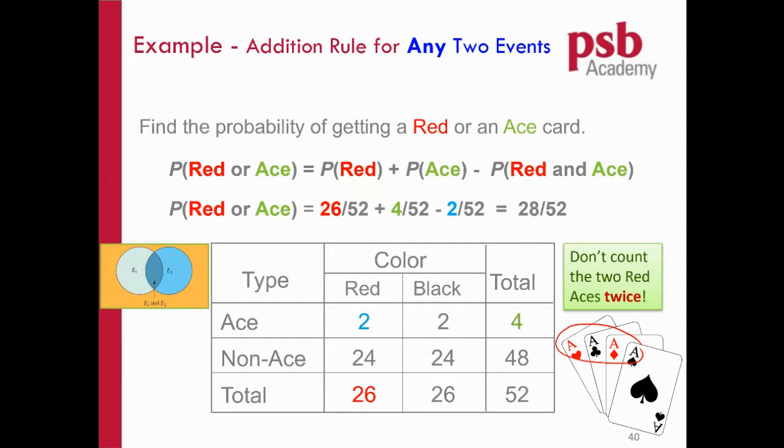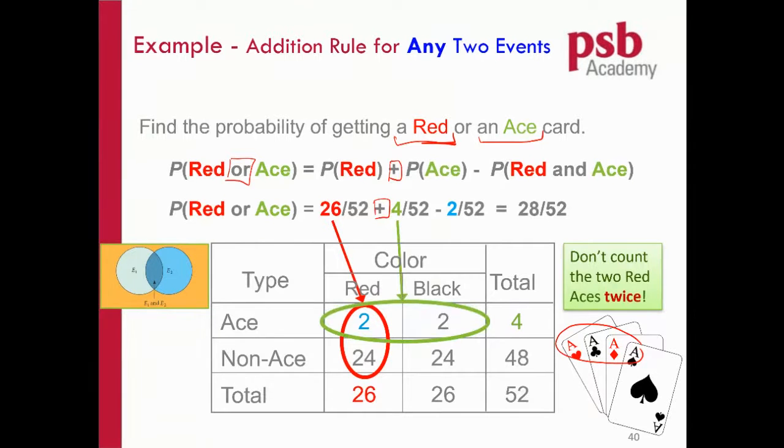So if I were to ask you, what's the chance of getting a red or an ace? Red or an ace. Whenever you see the or, remember you're going to add them together. Add, okay? We're going to add, no problem. So red, how many red? 26.